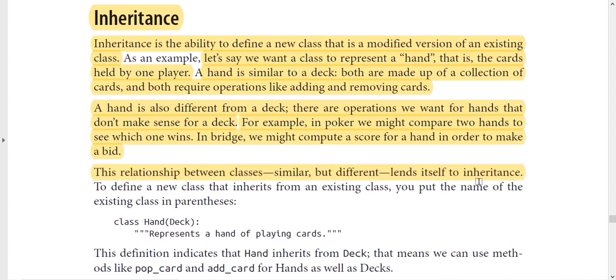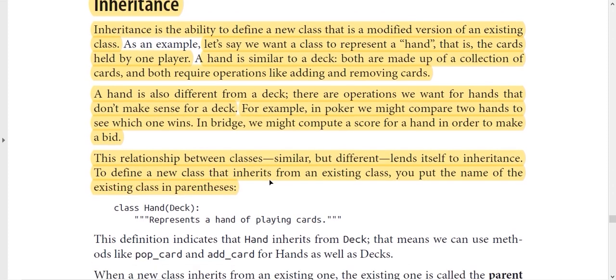Inheritance means we will be taking the properties of the parent class and then we will be using them in the child class. But there might be some methods in the child class which may be different from the parent class. So to define a new class that inherits from an existing class, you put the name of the existing class in parentheses.